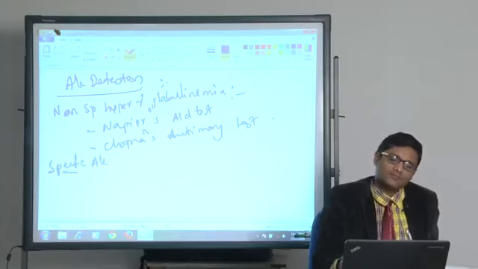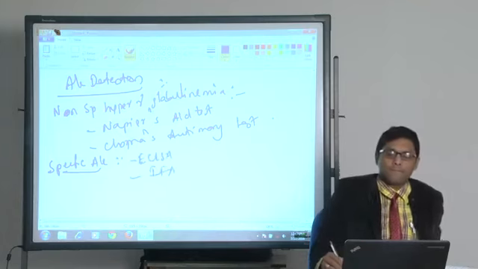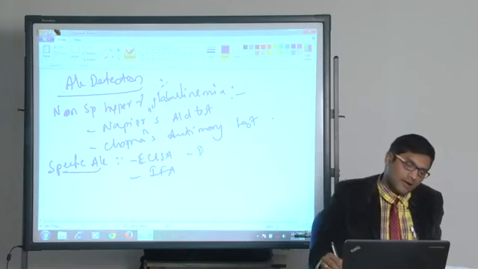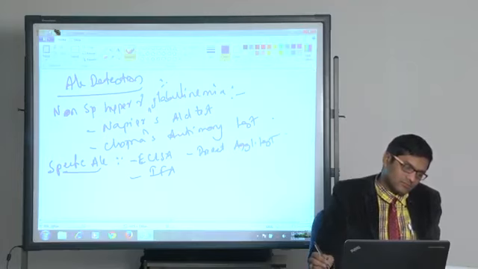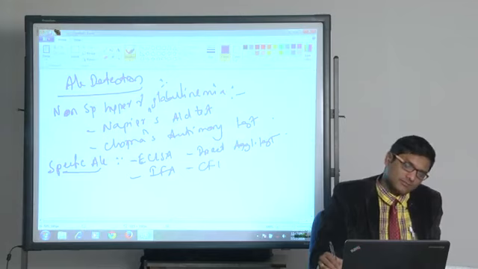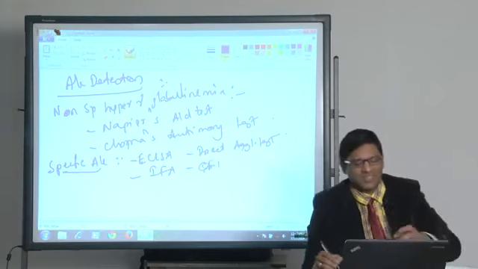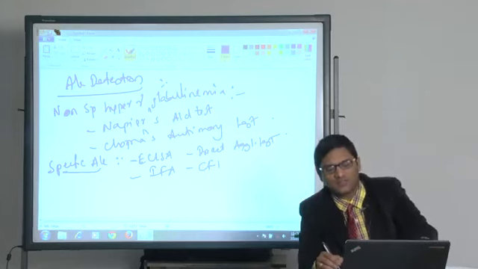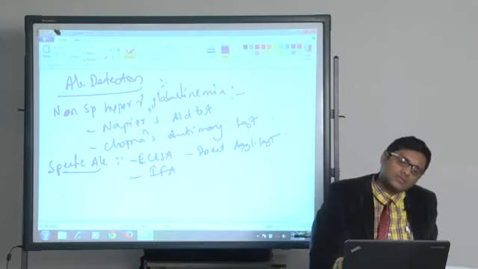anti-Leishmanial antibody detection. This is done by ELISA, immunofluorescence assay, direct agglutination test, and complement fixation test. Complement fixation test also, they say, is not very specific, so you can remove it.